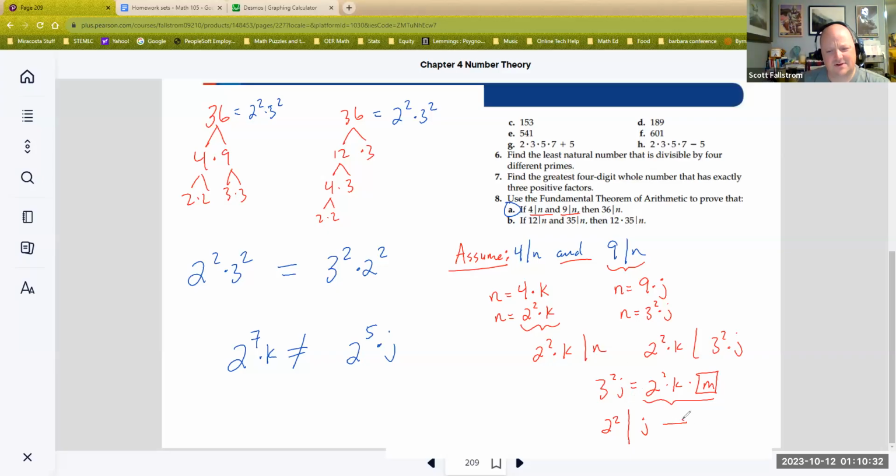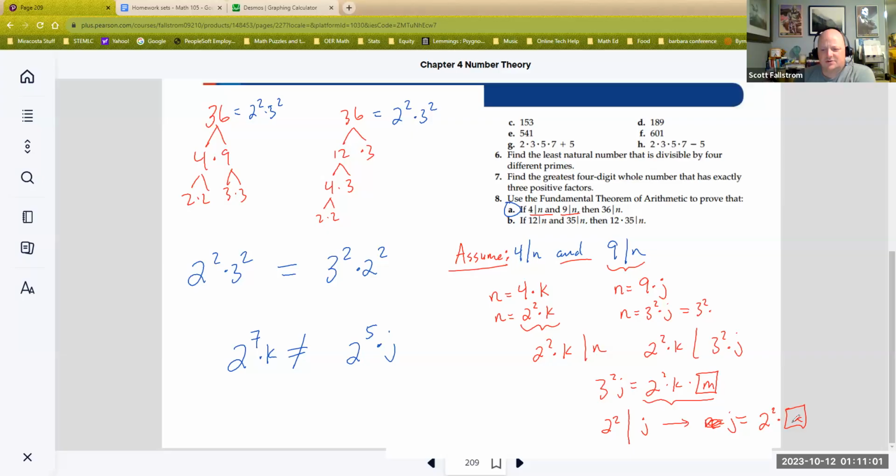And if 2 squared divides j, what it's telling you is that, like up here, n is 3 squared times j, but j has to be equal to 2 squared times some whole number. I don't know what that whole number is. I've already used k and j, so why don't I choose x?